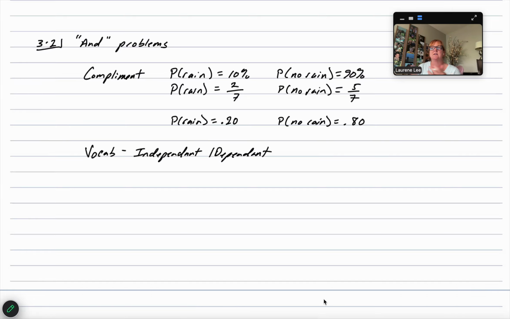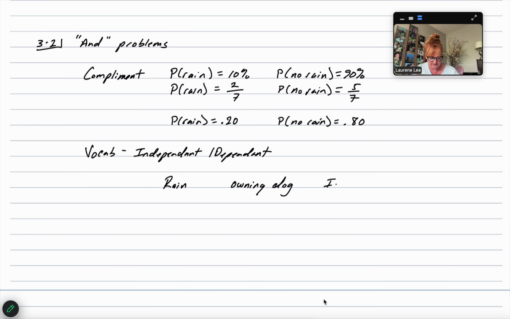So in the context of probability, if I talk about the probability of it raining and the probability of owning a dog, these two ideas are not dependent on one another. If it rains and owning a dog, they don't have any correlation. They don't have any ties.